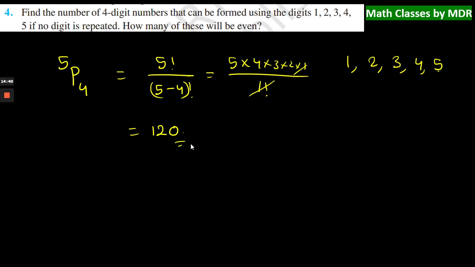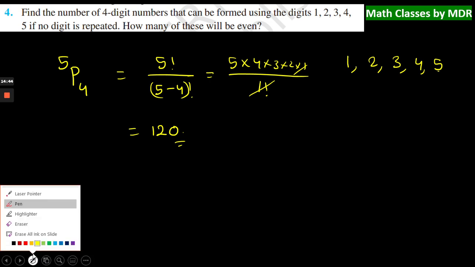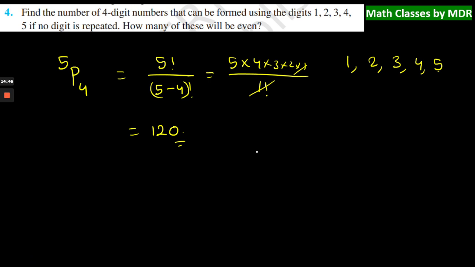Right? And how many of these will be even? How many of these will be even? Then the units place is restricted to only even numbers. That means you cannot fill the units place with 1 or 3 or 5. Right? We cannot use 1 or 3 or 5 to fill the units place.